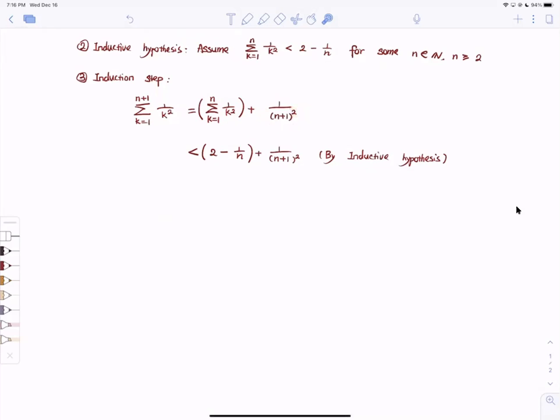If you add anything on both sides, even if it's not positive, your sign's not going to change. So if you add this on both sides, you should have this is less than this. Does that make sense? In this step, we use the inductive hypothesis because we know this is less than this because we assumed that in the hypothesis. Okay, any other question?